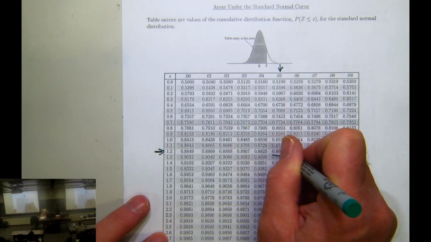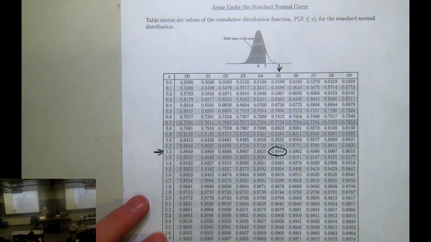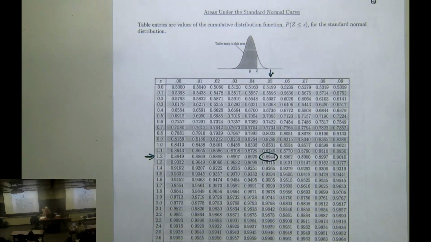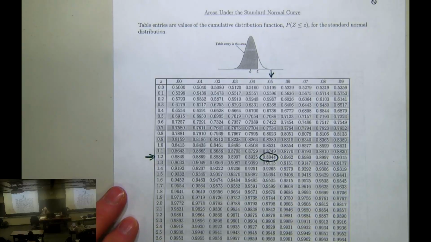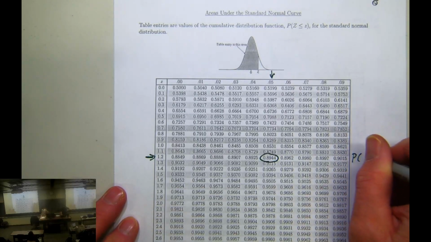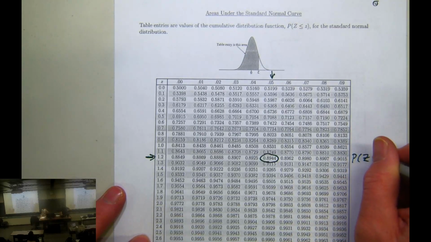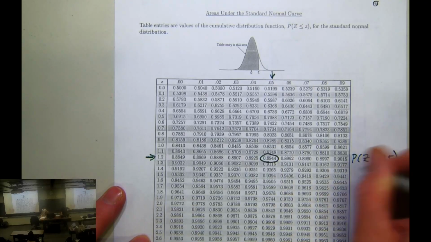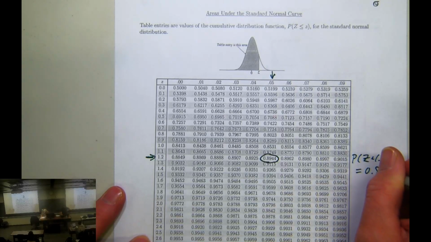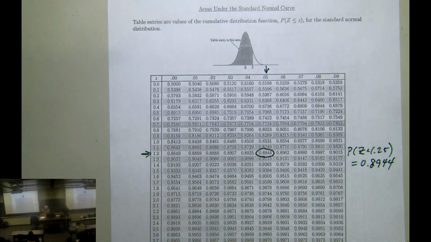I will circle that value, 0.8944. So the very first one we've worked out is the probability Z is less than 1.25. Probability Z is less than 1.25 equals 0.8944. Does everybody see that?